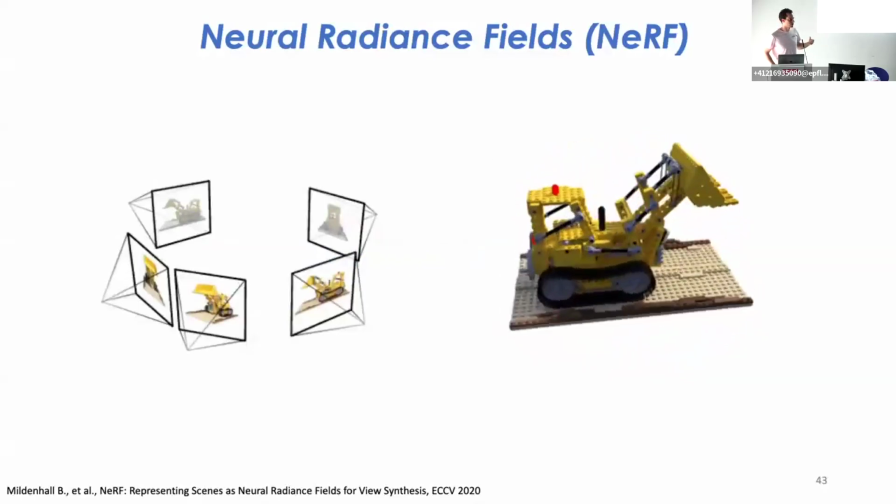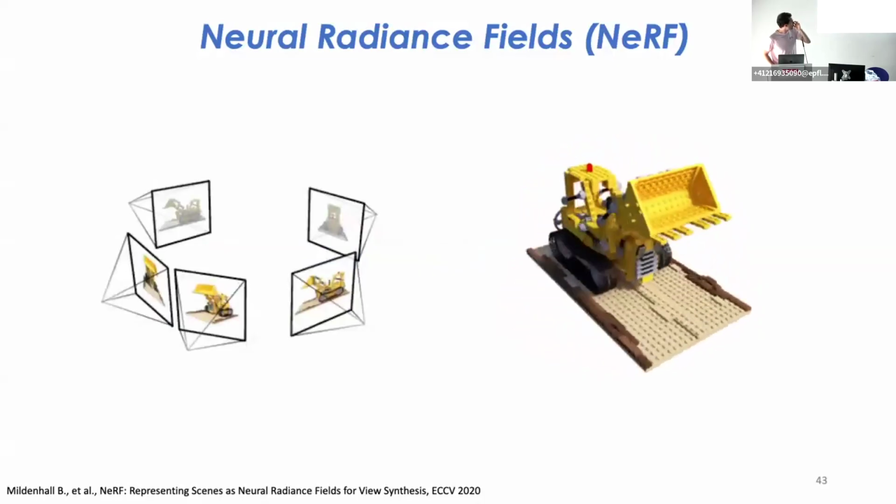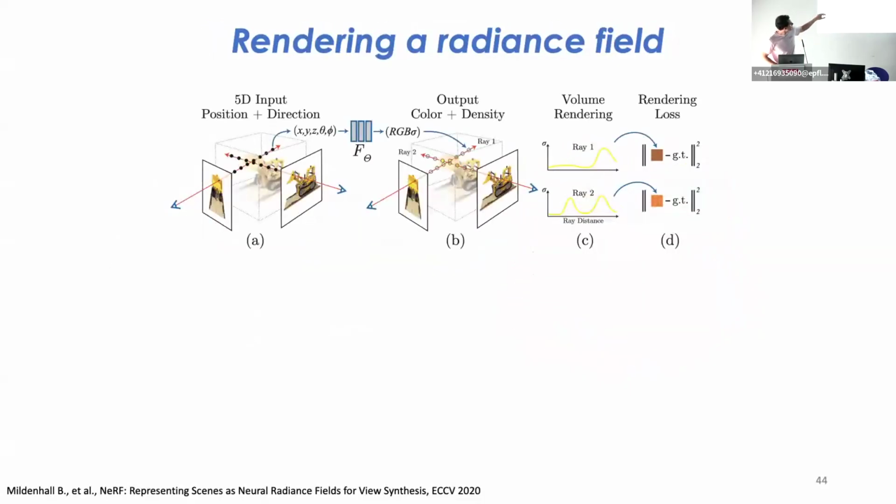Okay, this is the general task. And the way you do it in NeRF is by having this F, which is a coordinate network that has as input 5 coordinates, x, y, z, of a point in space, and theta and phi, which represent the viewing direction. Okay, because of course the output image that you want out of this depends on the viewing direction.